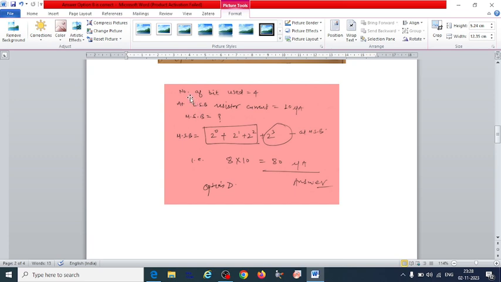Number of bits used here is 4. LSB resistor current is 10 microampere. So what is the most significant bit? So 2 to the power 0, 1, 2 to the power 2 plus 2 to the power 3. So at MSB that is 8 into 10, 80 microampere.